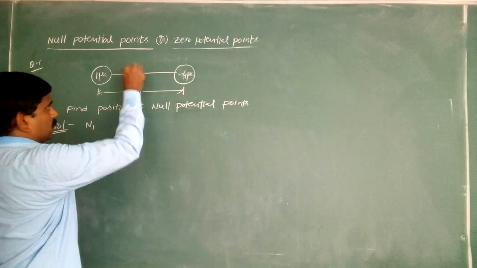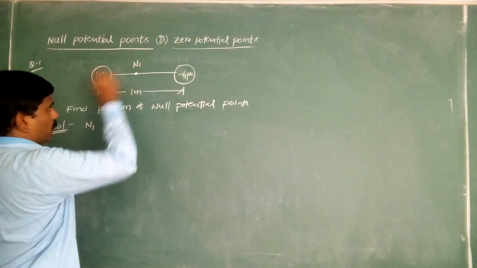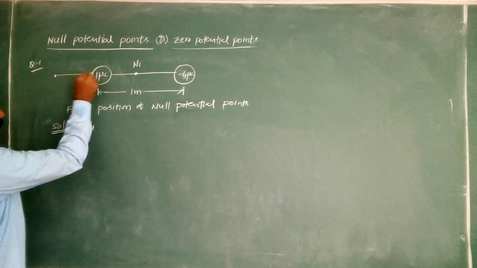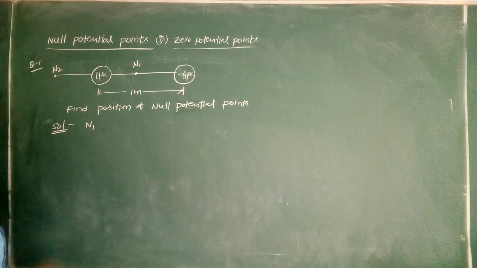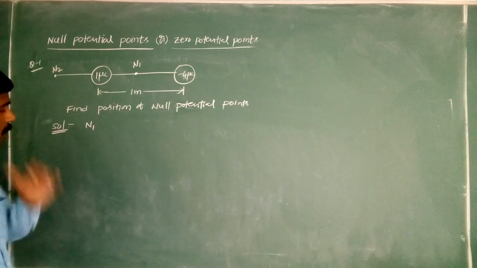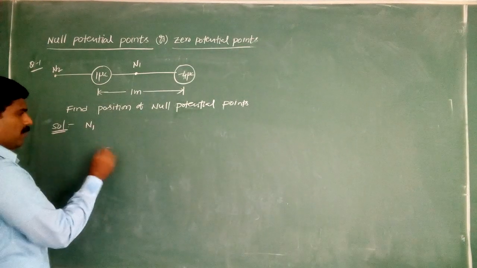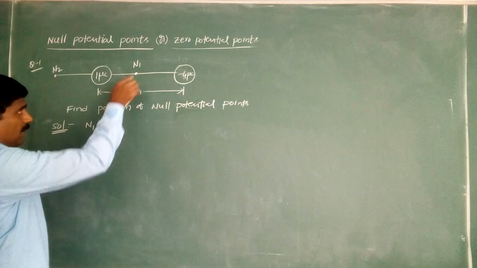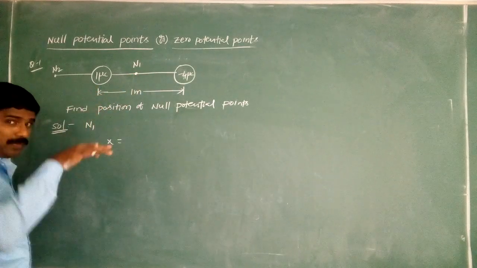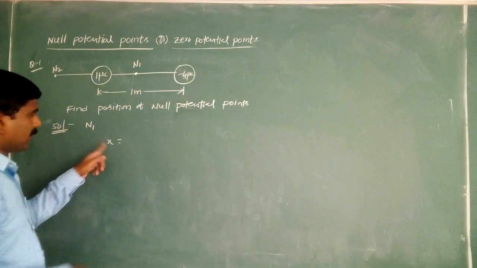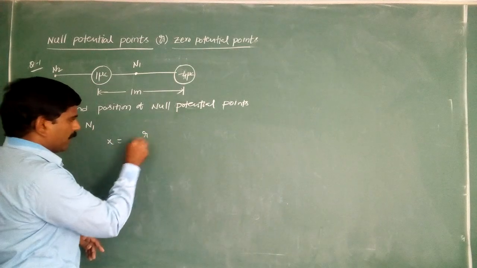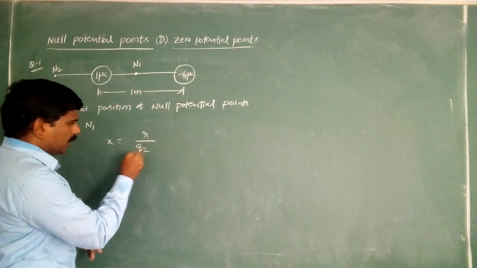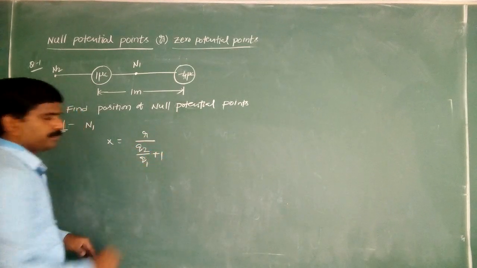Here this is the N1 first point and this is the N2 second null point. We already found that x, the position of N1 from the first charge, the lower charge, is x equal to R by (Q2 by Q1 plus 1).